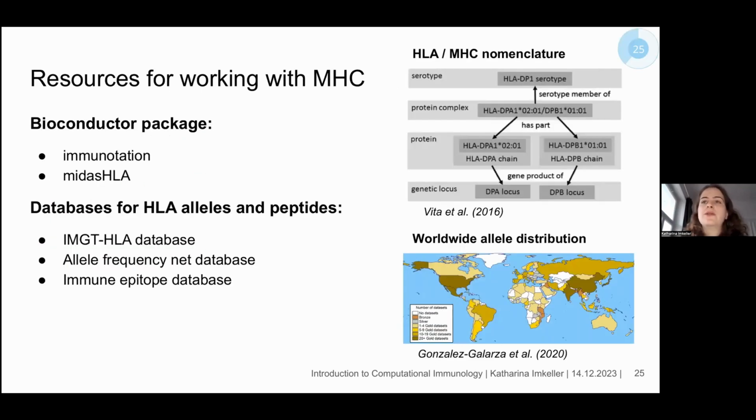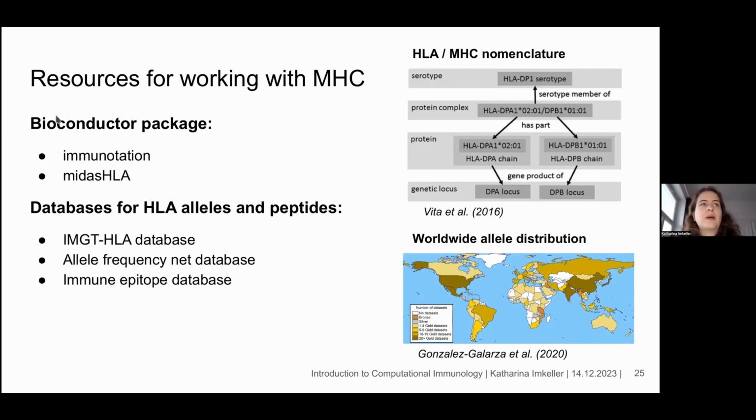And I would like to introduce a few resources that can be used for this. So the aim of these resources is always to help you deal with the huge diversity of alleles, and also give you references of the alleles that are known.